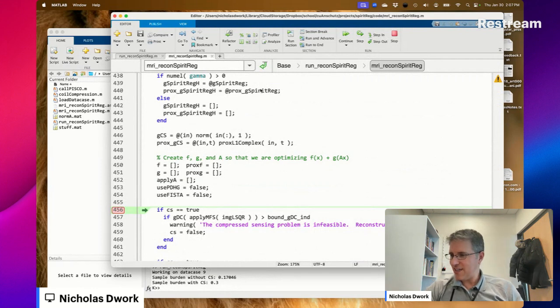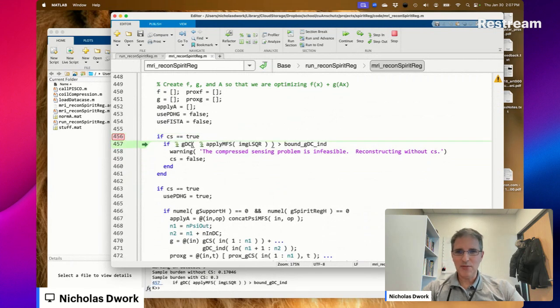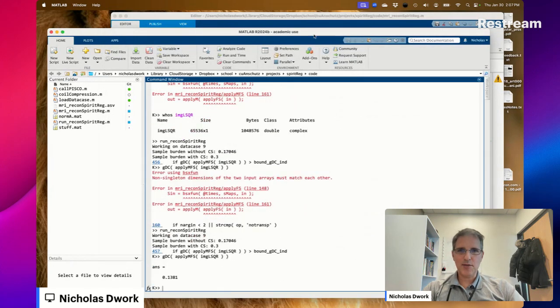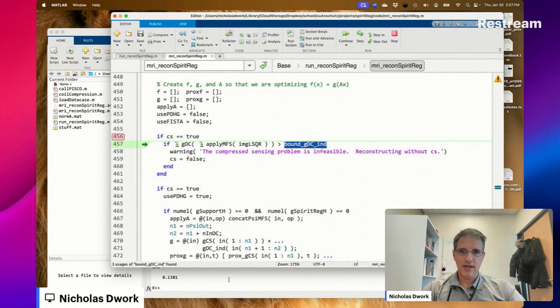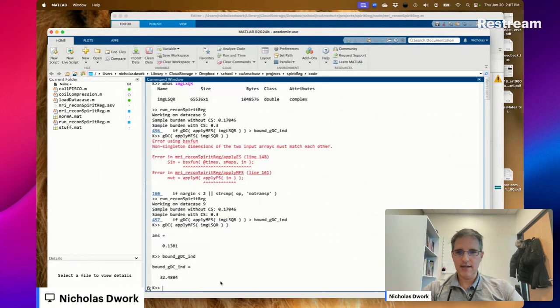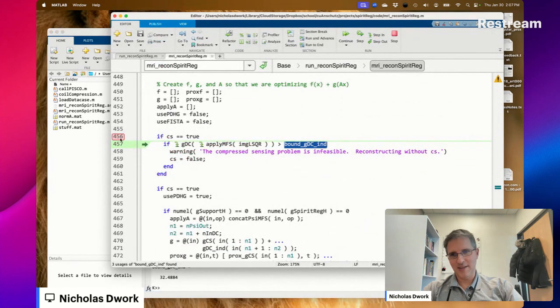Hey, Protost! Protost is back. Protost, we may have just found the bug. That's 0.13. What's the indicator? That's 32. Okay. So this problem is feasible. Protost, we have found a feasible problem.